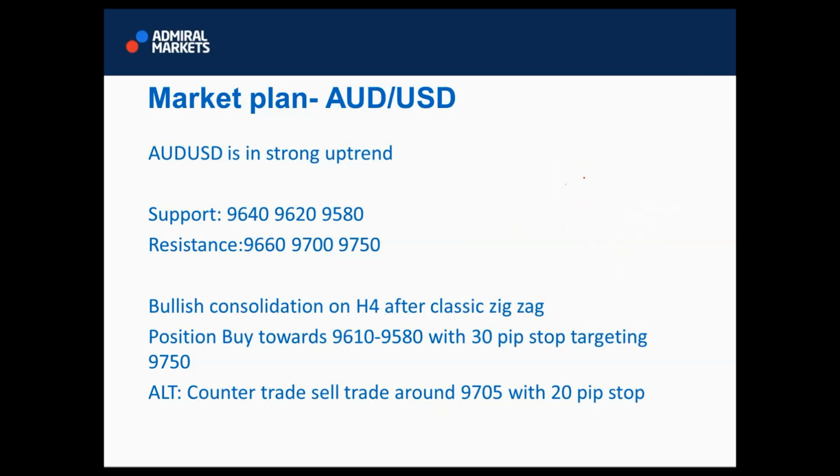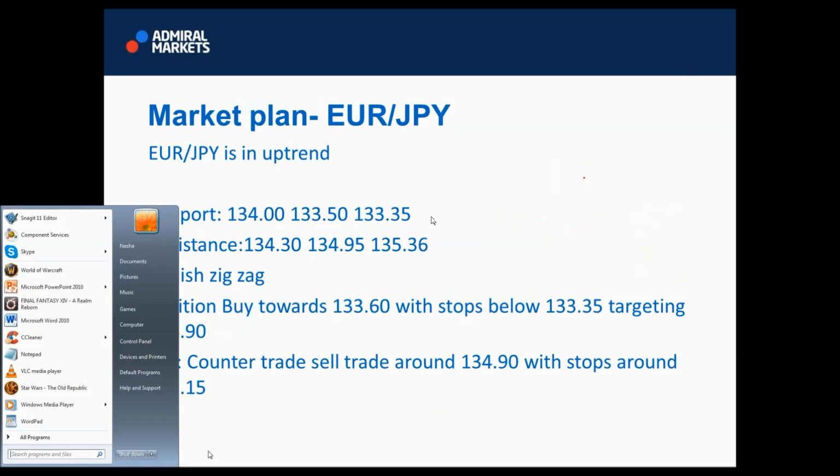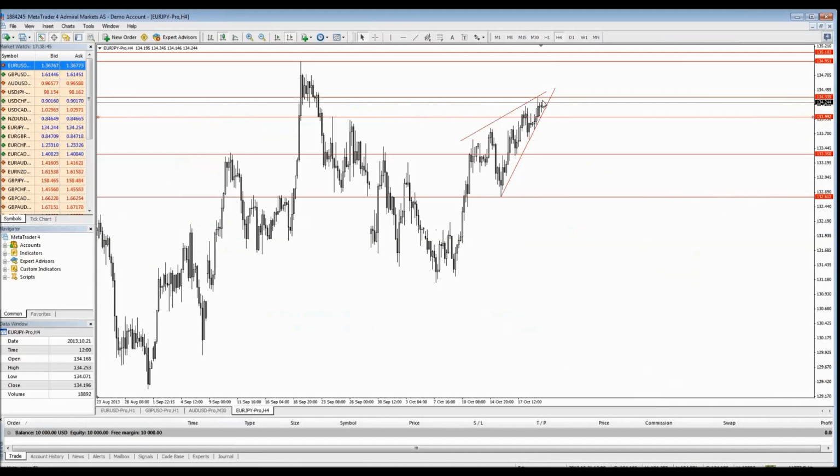Okay, Aussie and Euro Yen. And with a special notice about this level. Probably a bearish wedge, but only if it breaks to the downside. If it doesn't break, this will probably continue up. We don't want to buy it now.